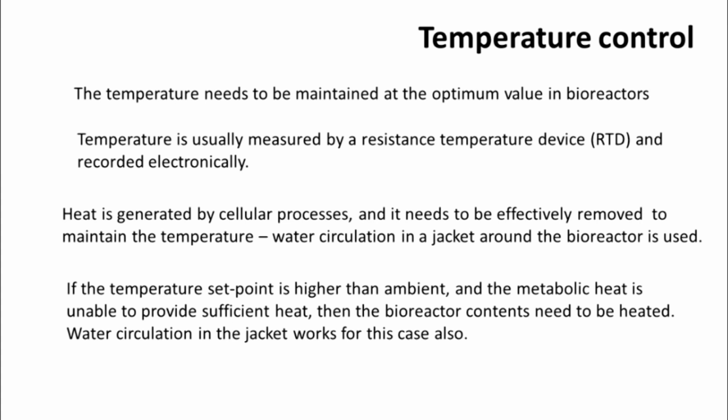If the temperature set point is higher than the ambient, let us say 37 degrees C is definitely higher than the ambient, and the metabolic heat is unable to provide sufficient heat to maintain temperature, then the bioreactor contents need to be heated. Okay, the water circulation in the jacket again works for this very effectively.